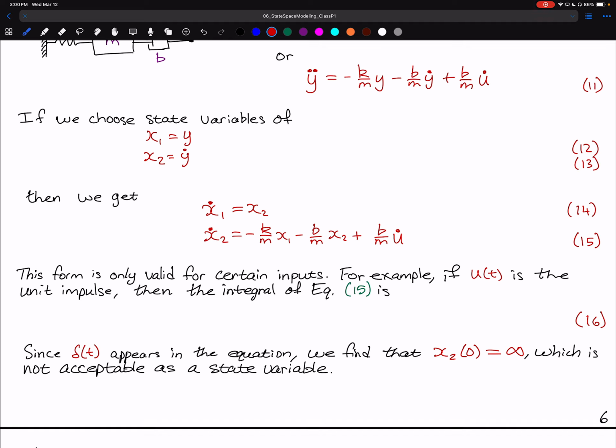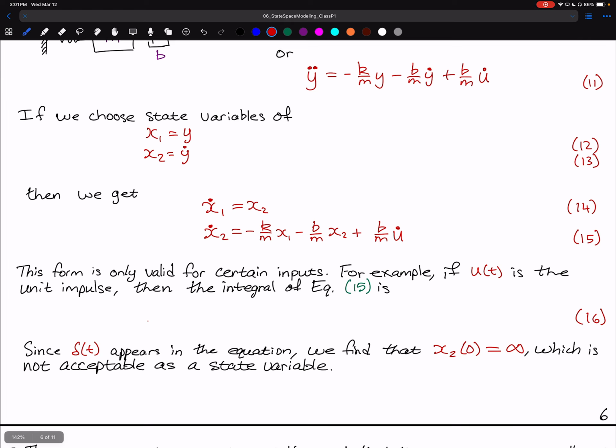Okay, so this form is only valid for certain inputs. For example, if u of t, which is just a general input right now, is the unit impulse, then the integral of equation 15 is going to give us that x2 is equal to minus k over m times the integral of y dt, minus b over m y, plus b over m times delta t.